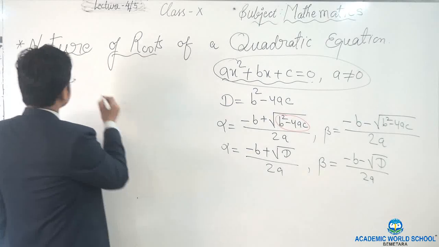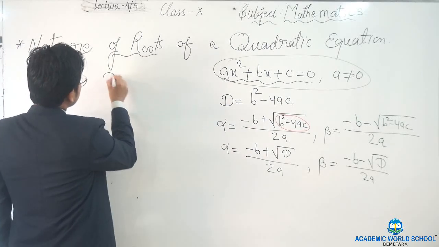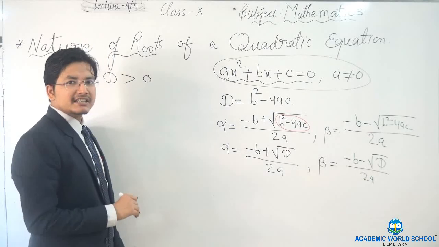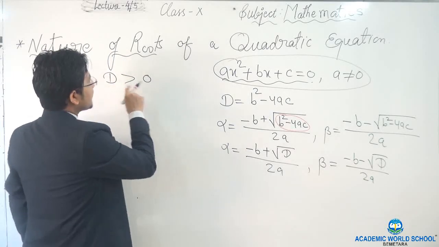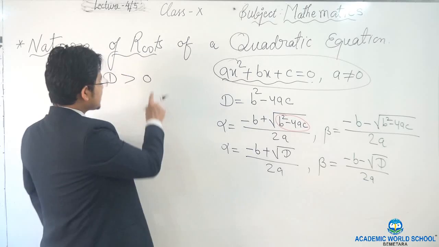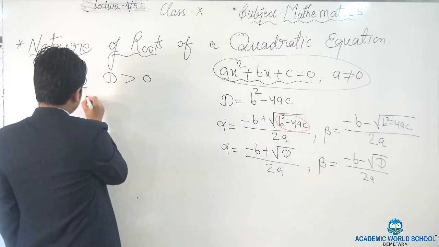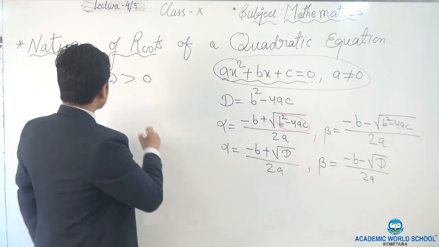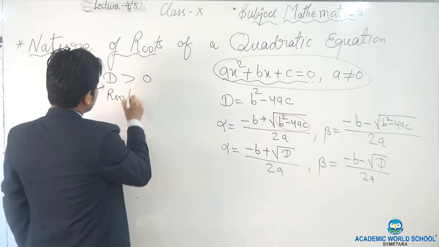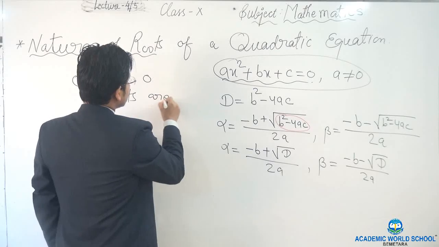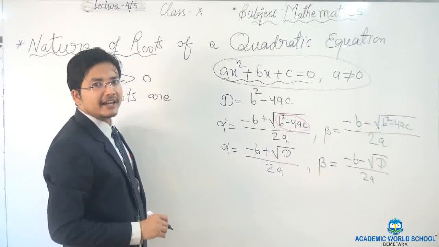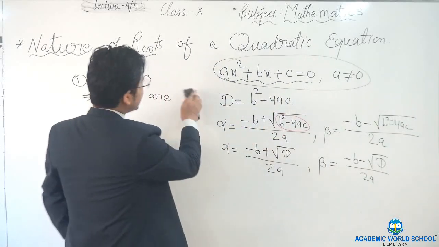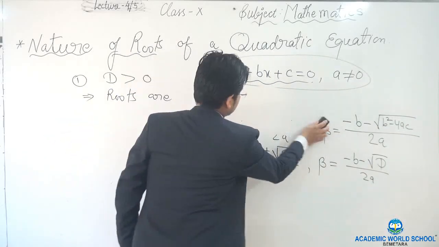So first one, if D is greater than 0, which means b² − 4ac is greater than 0, then what will be the roots? The roots will be real and distinct.